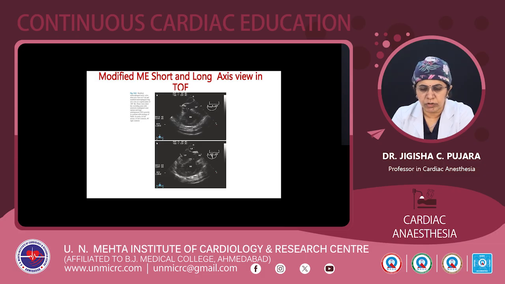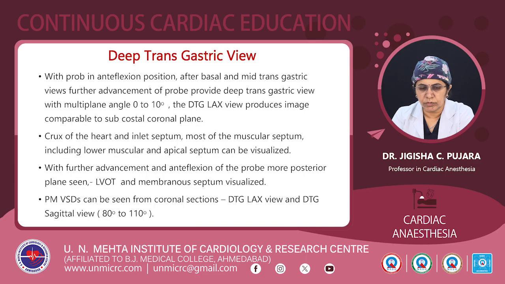The other view is a long axis view at around 120 degrees multiplane angle, and you can see the VSD at the outlet position with overriding of the aorta. Here also you can do spectral interrogation and color flow in this view.